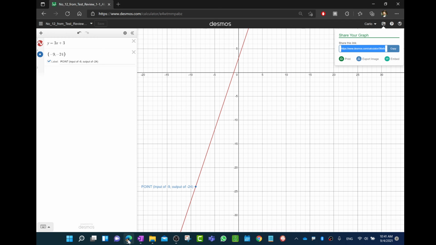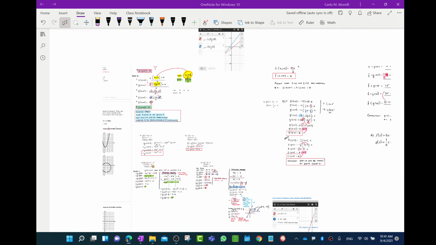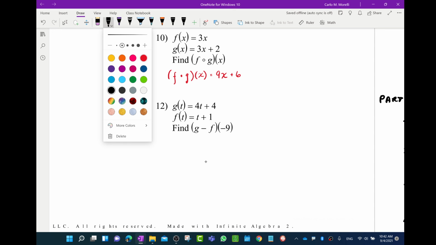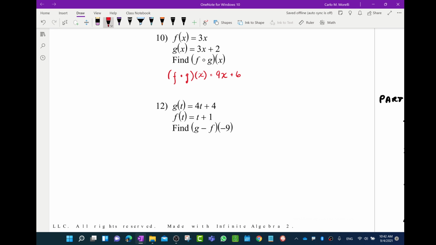Let me close this browser. That should help. Okay, I think I'll be able to get this written down, and then we'll have to take a break and let the computer cool down. So the answer to the question is the difference of functions g and f evaluated at -9 is -24.